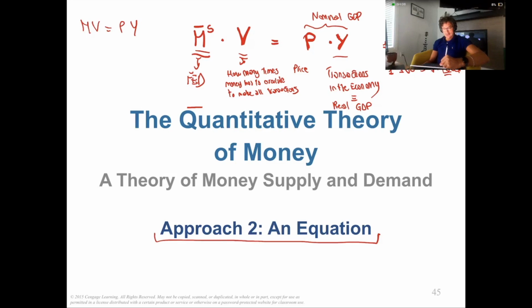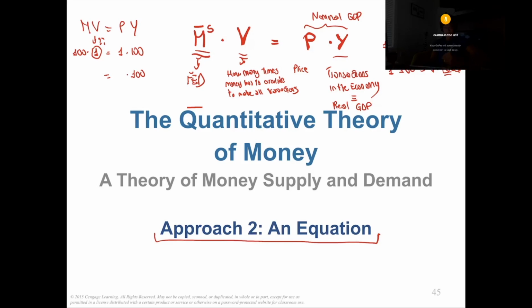Suppose you have 100 goods in this economy, the price is 1, and you have $100, then the velocity, which is our unknown, is equal to 1. If you have 100 goods in this economy, our class, and each one of the goods is worth $1, and you have only $1 in the entire economy to make all the transactions, then this dollar has to circulate 100 times.